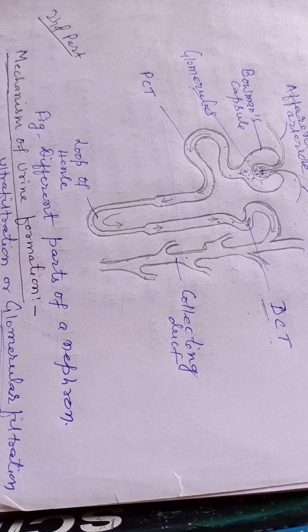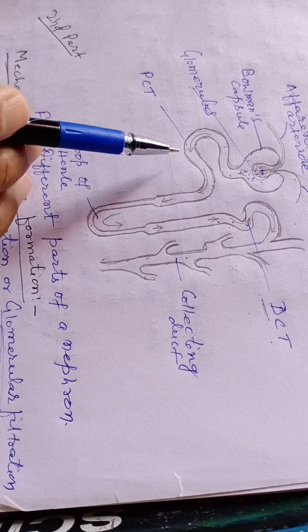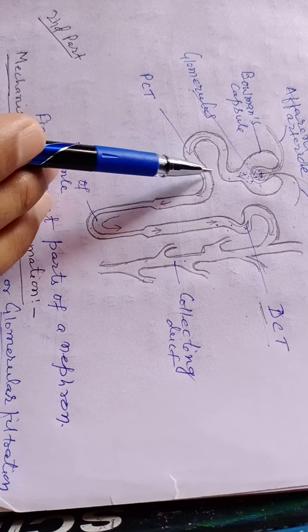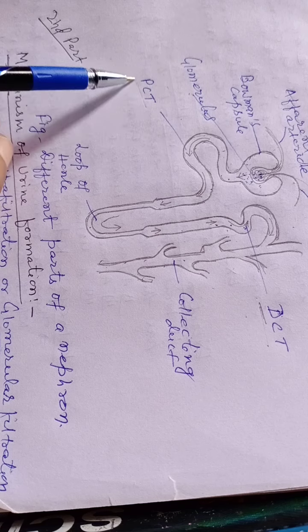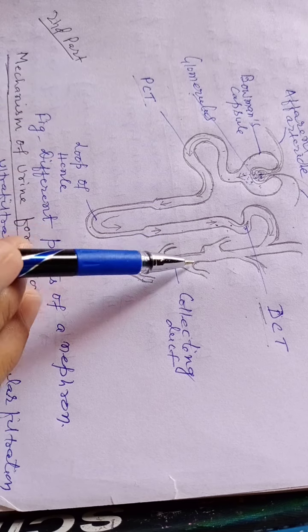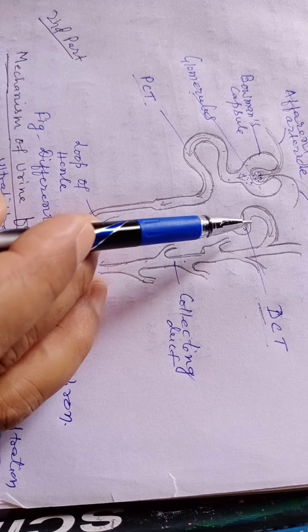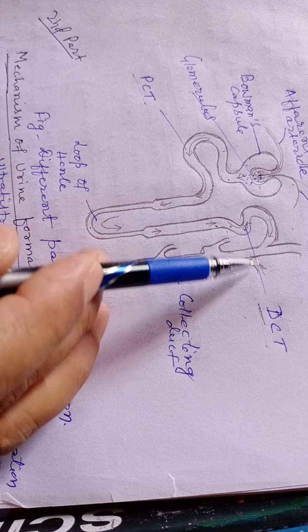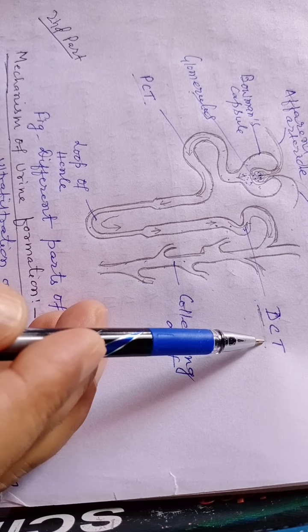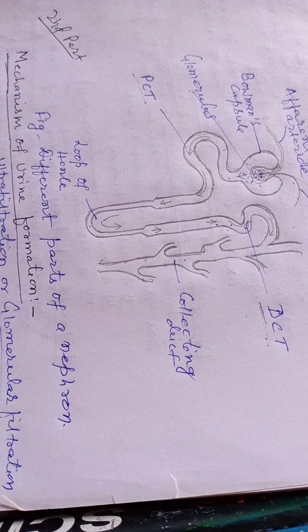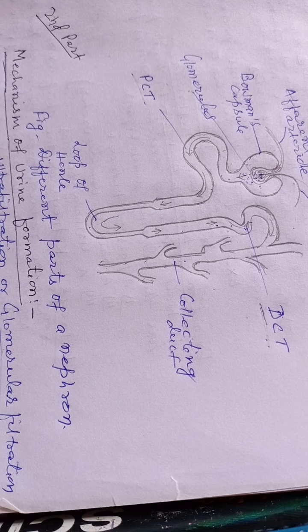So it has many parts. This tubule part, the first is called PCT, proximal convoluted tubule, and the distal is called DCT, distal convoluted tubule. Here reabsorption takes place.